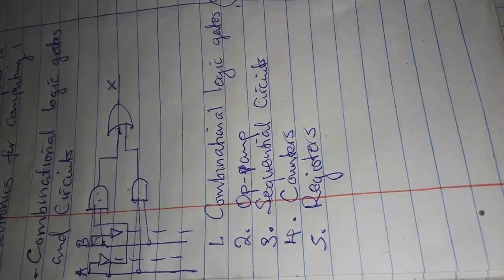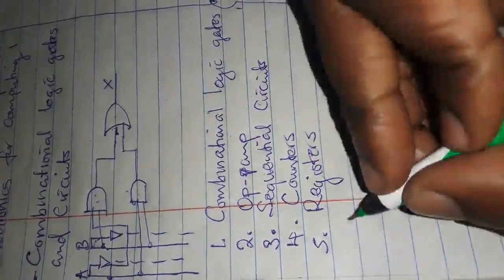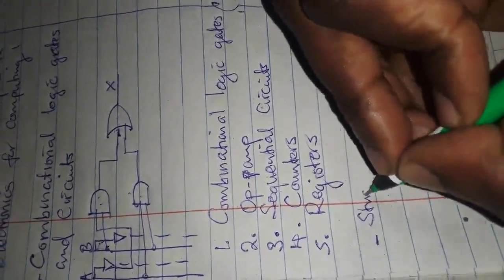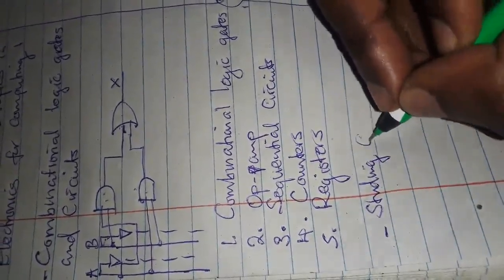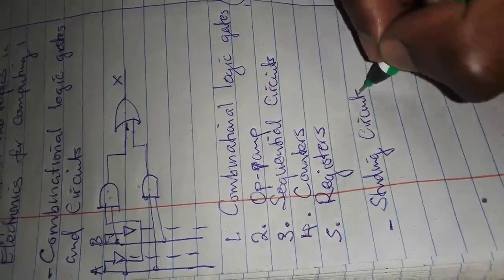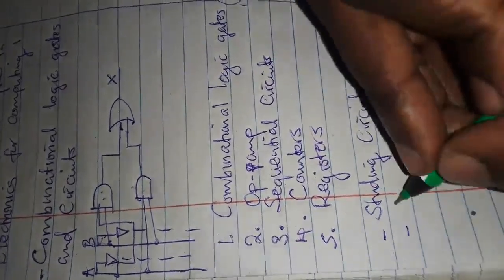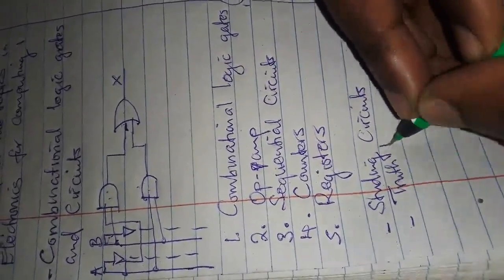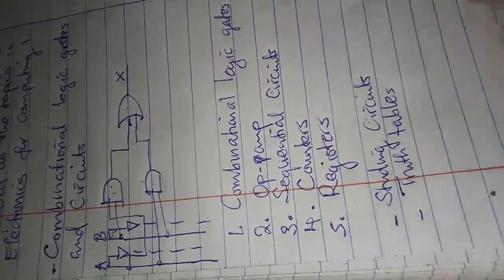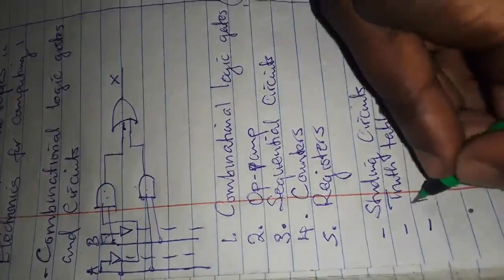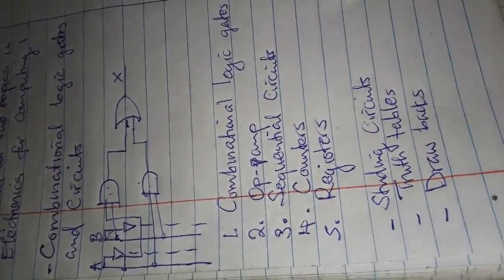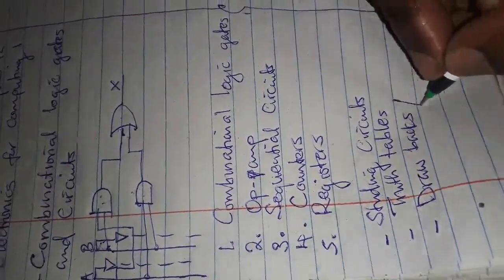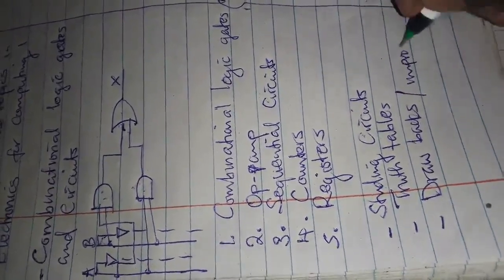So what are we actually looking at in these topics? We'll be studying different circuits, their truth tables, their drawbacks, and after their drawbacks, their improvements.